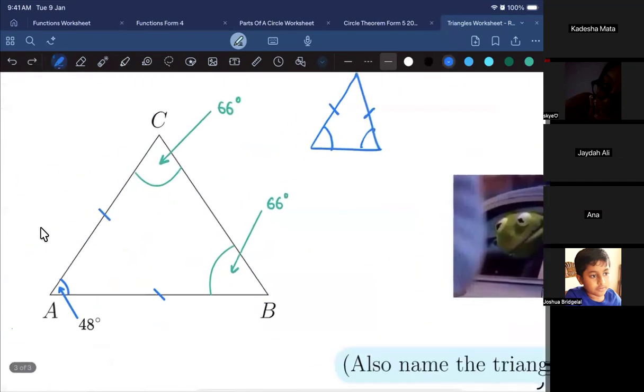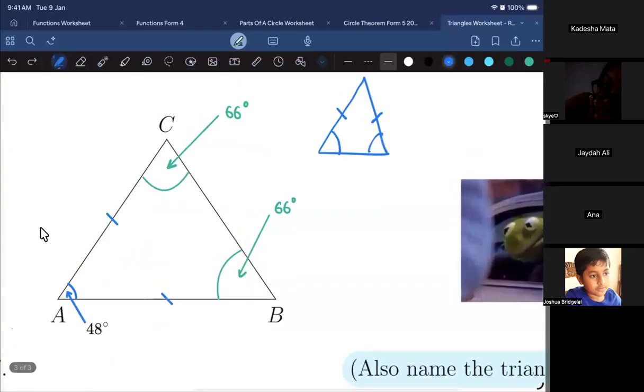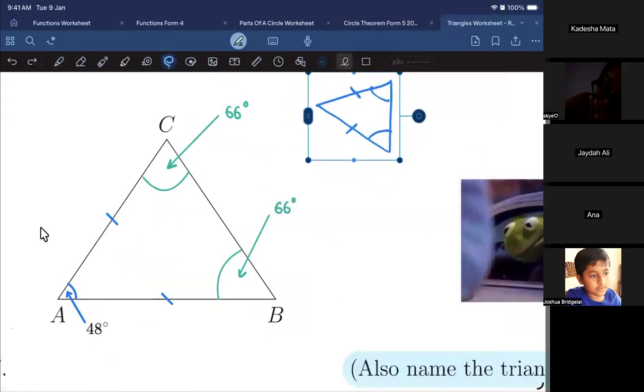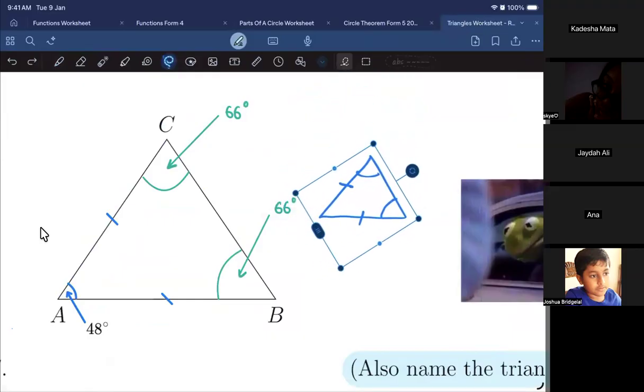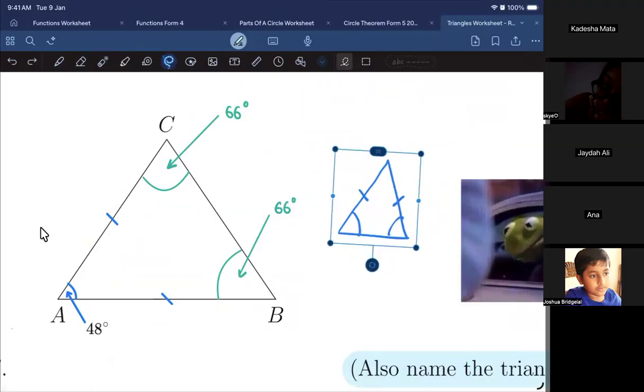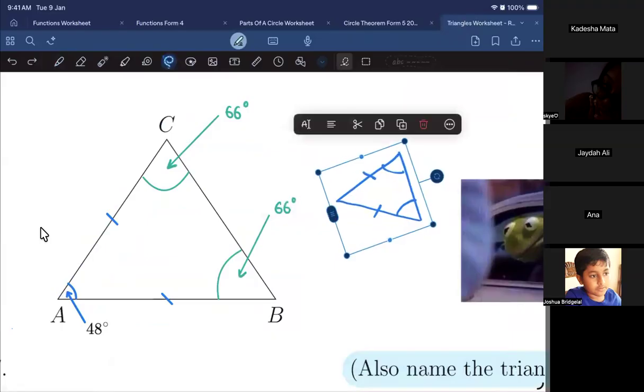But in this diagram, it's a bit different, because it's as if you took this and rotated it, and it looks like the diagram I have on the screen now. So it's that same diagram, but rotated. And so C and B are the base angles.